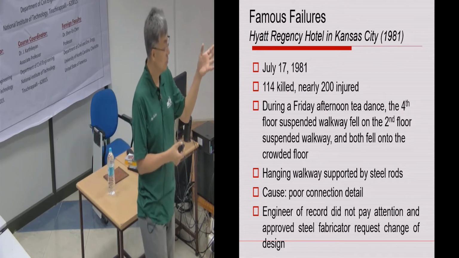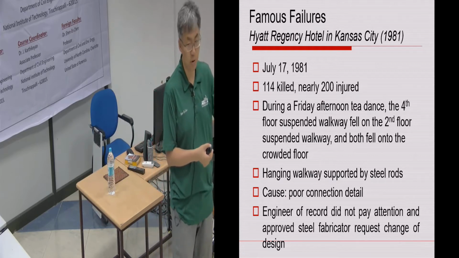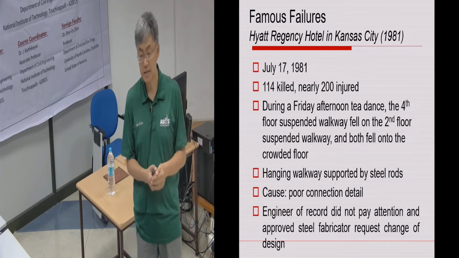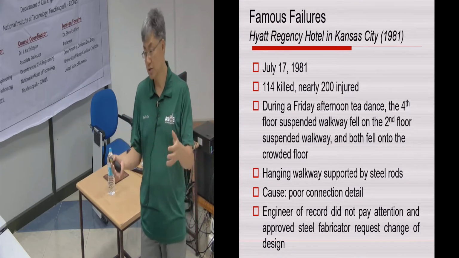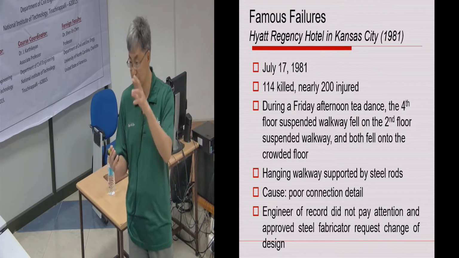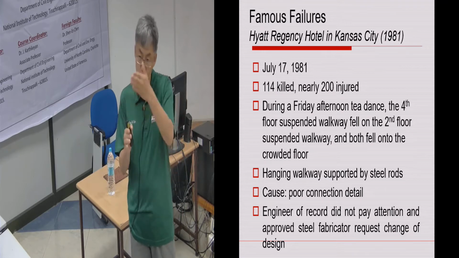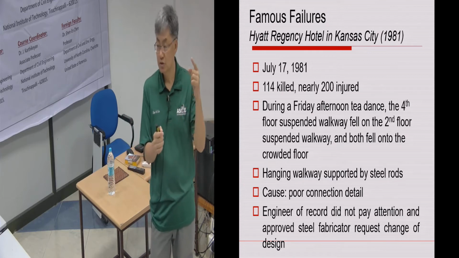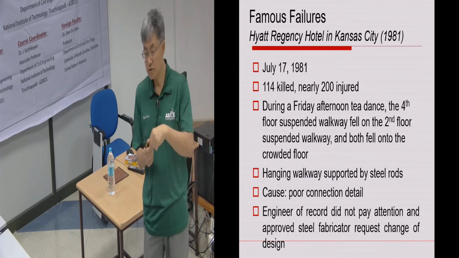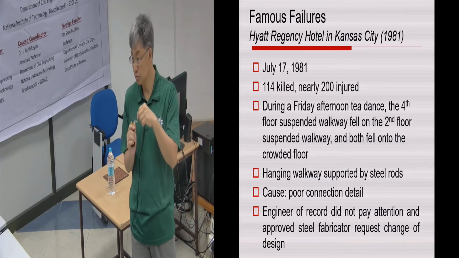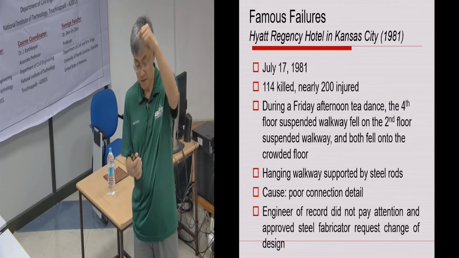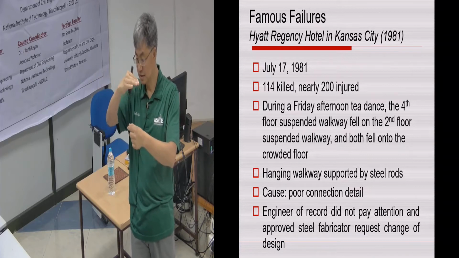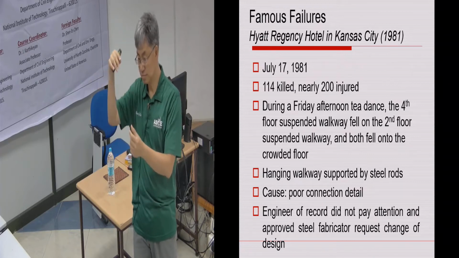But the interesting thing about this failure, which is still debated today, is that a lot of teachers, especially in structural analysis classes, will show you this was the design. What happened was, during construction, the original design was very difficult to connect. It basically involves a steel rod, and then you have the deck bolted to the rod.